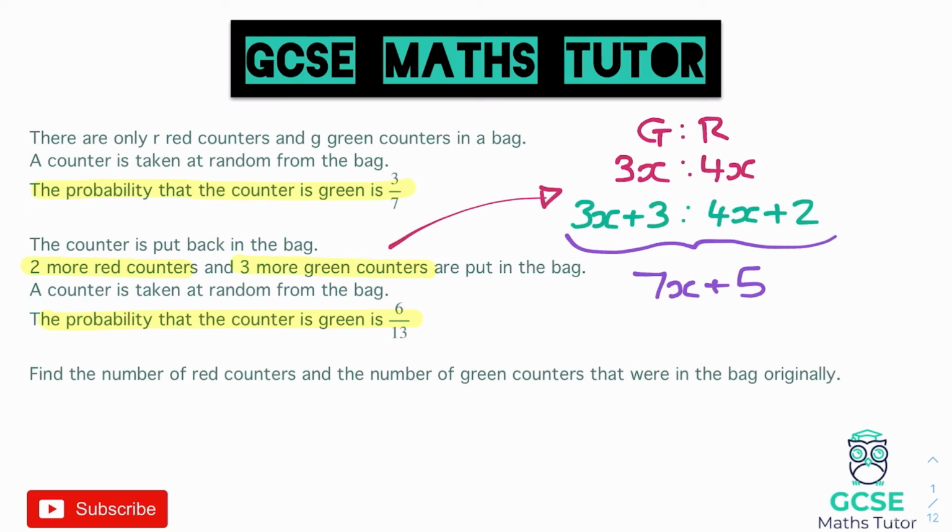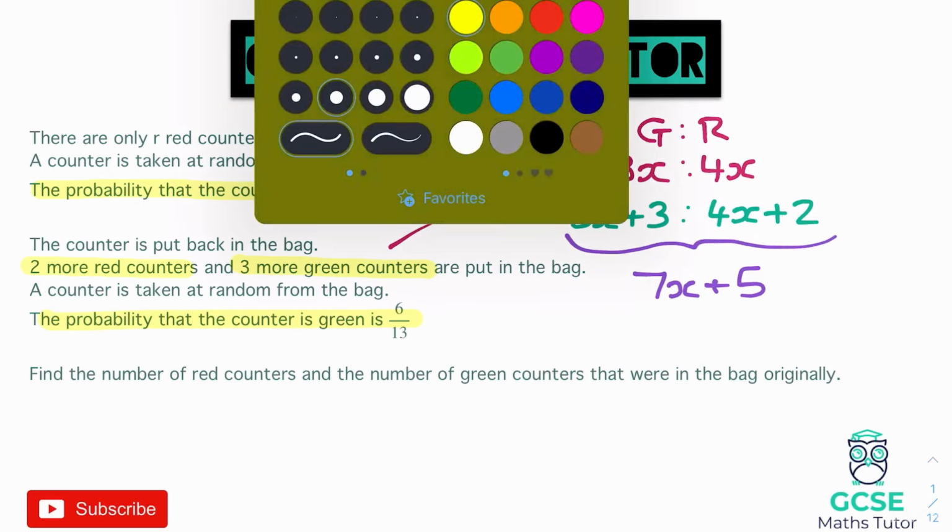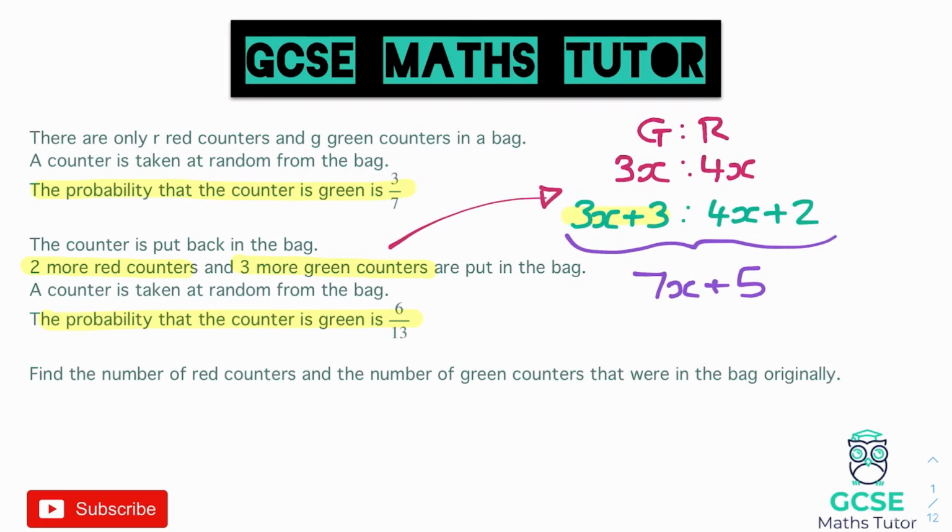So if we write this as an equation, then looking at that green probability, we have the 3x plus 3 as our probability for green out of 7x plus 5. So let's write that down. We have (3x + 3)/(7x + 5), and we have been told that that probability is equal to 6/13.